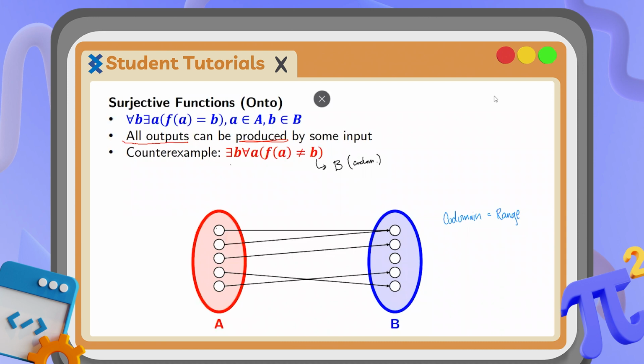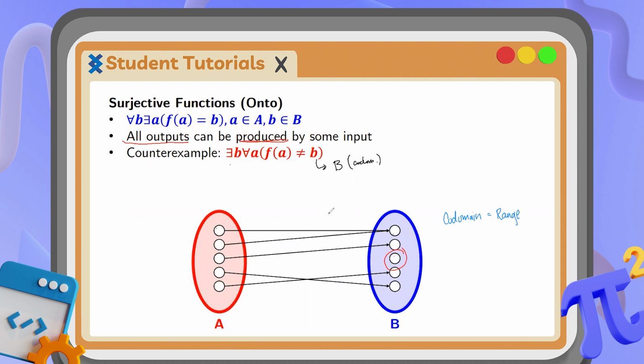So let's have some more examples over here. So we have our inputs mapping to some output in the codomain B. However, we have an element over here which is not mapped by any input in the domain.